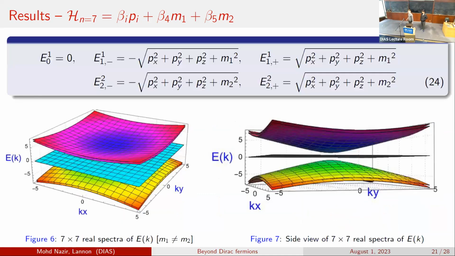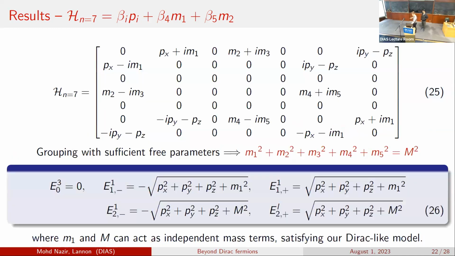We get the eigenvalues of this, and that's what we obtained there, simplified, and the dispersion relation as well, where we can see the gap between the bands. So they're not touching, and again we've set M1 and M2 not equal so that we can see the separation between the two paraboloids, and that's for n equals 7.